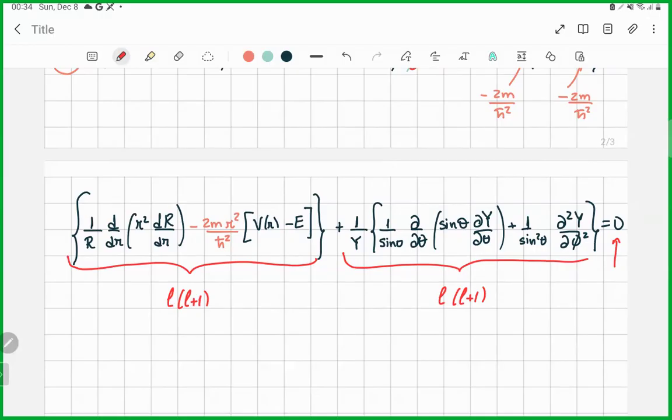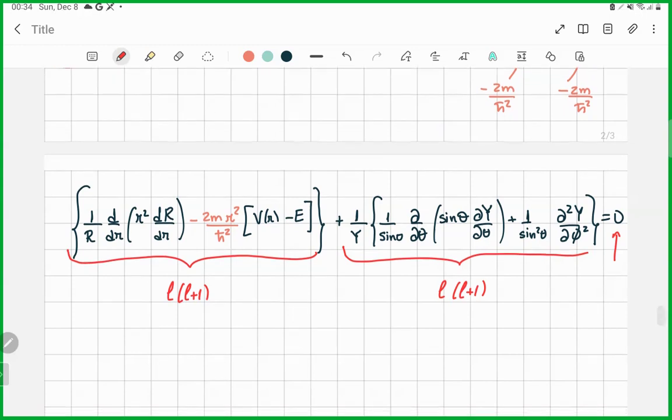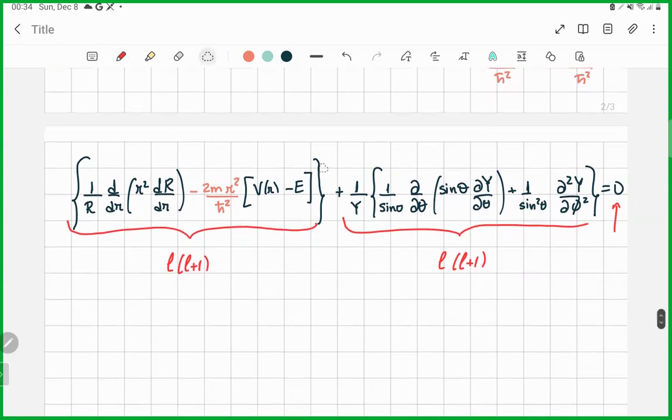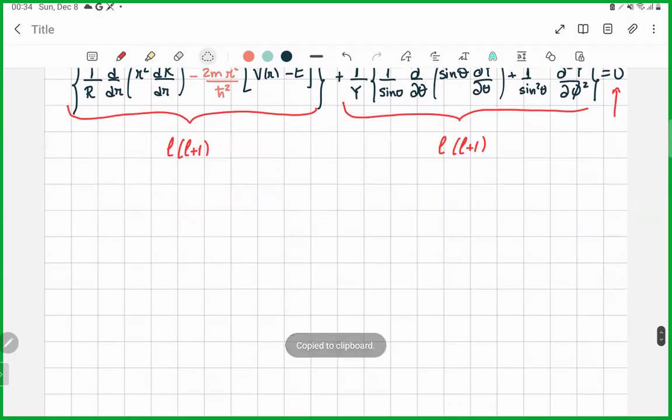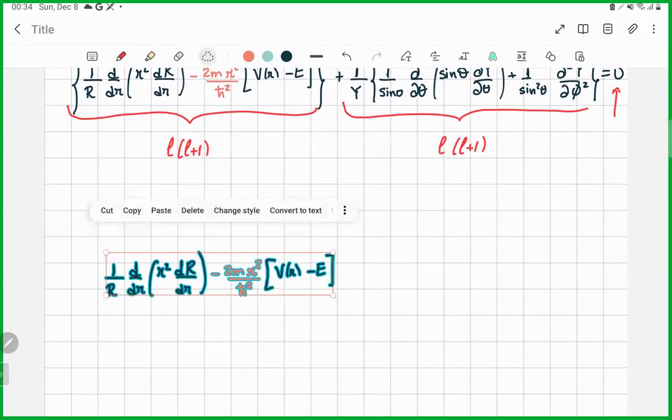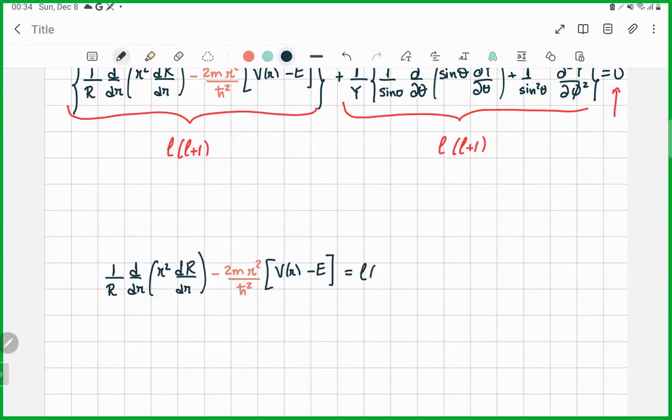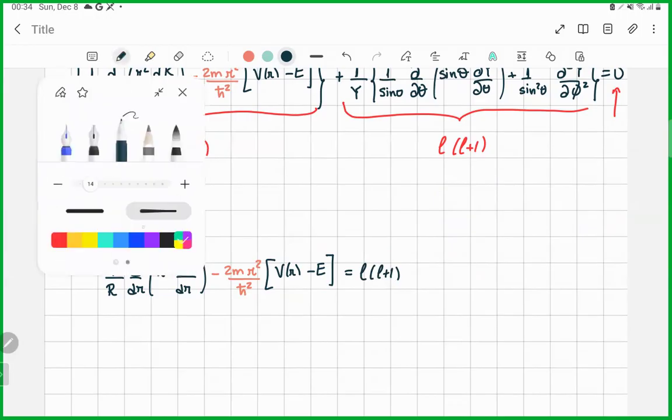So we have our 2 equations. Let's then write them, right? So we have this equation here, the radial equation. We are going to copy it here, okay? So this radial equation is equal to L plus 1. We will have to solve this equation.